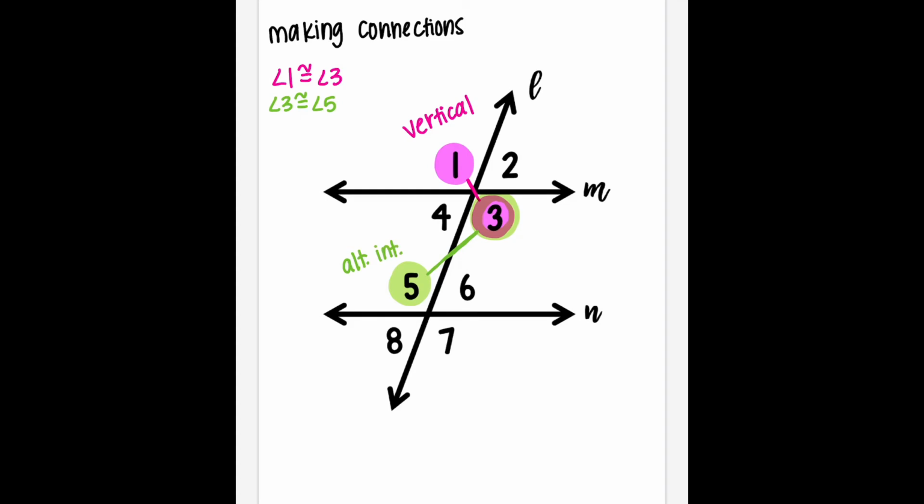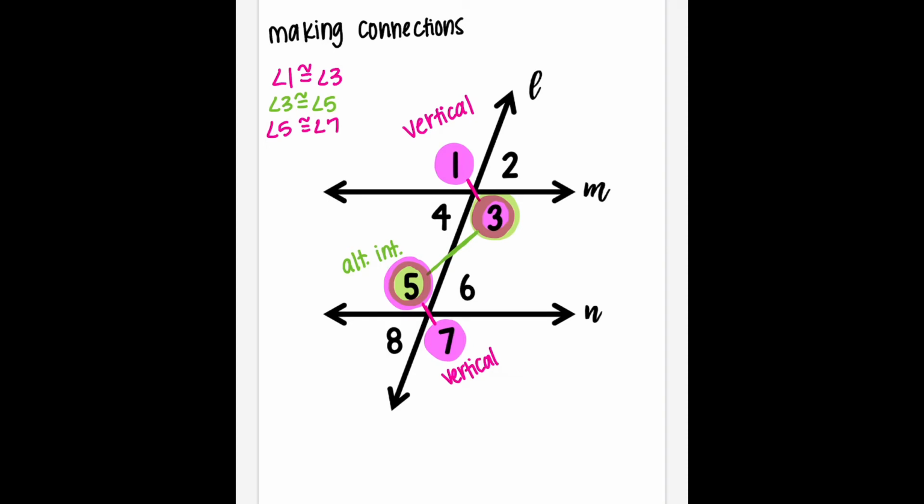Well, angle 5 is across from angle 7 because they are vertical, so they are congruent. So angle 5 is congruent to angle 7. So all of these angles are congruent to each other because of the vertical and the alternate interior angle theorems. So it kind of makes this zigzag pattern.